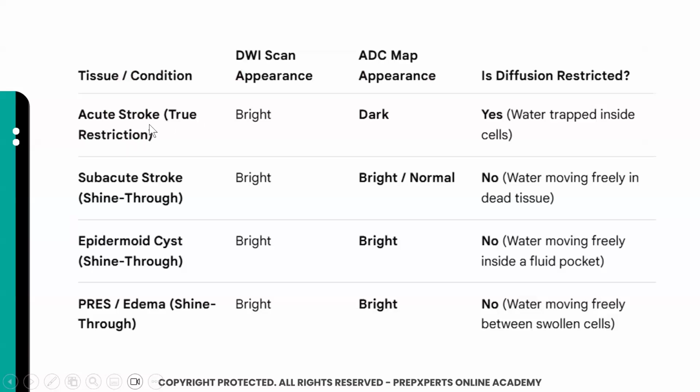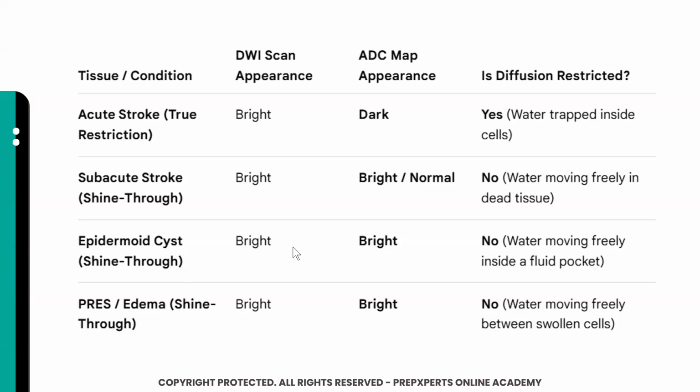So true diffusion restriction is in acute stroke. So this is your true scenario for diffusion restriction. But in subacute stroke, there is T2 shine through because DWI is going to be bright as well as ADC can be bright or normal.